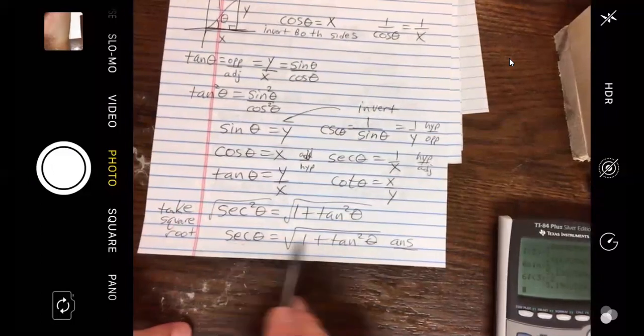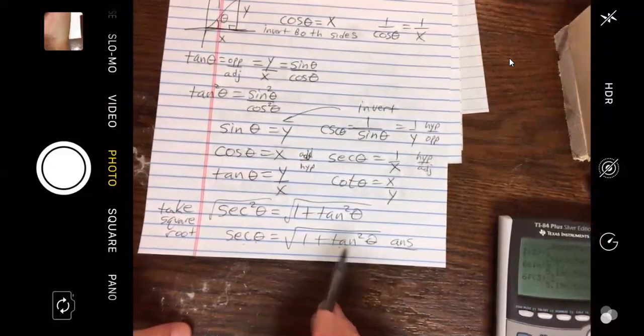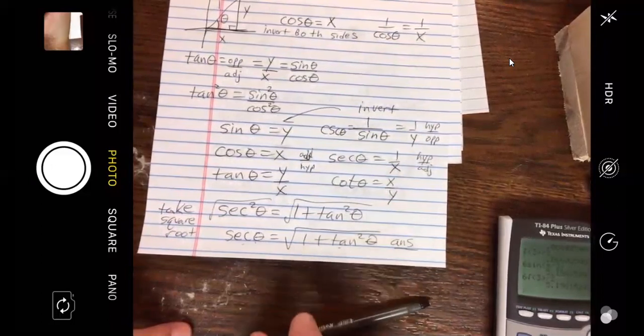This is what I've got for an answer, secant in terms of tangent. Got it. I'm pretty sure that's it. I'm pretty sure you answered all the questions that I had.